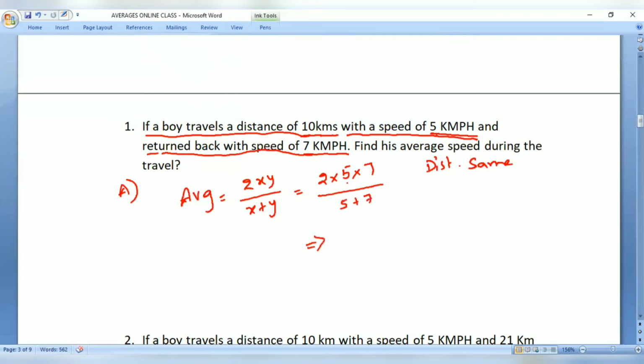Now 2 into 5 is 10, 10 into 7 is 70, divided by 5 plus 7, which is 12. So 70 divided by 12, approximately 5.8 kilometer per hour is the average speed with which this person traveled throughout the journey.